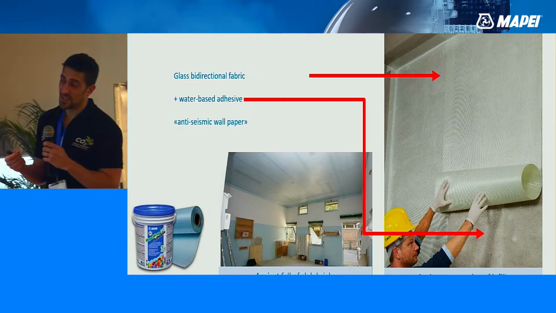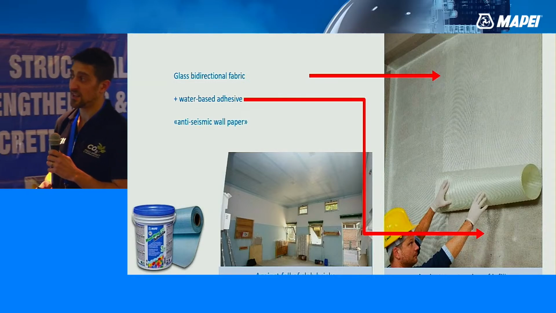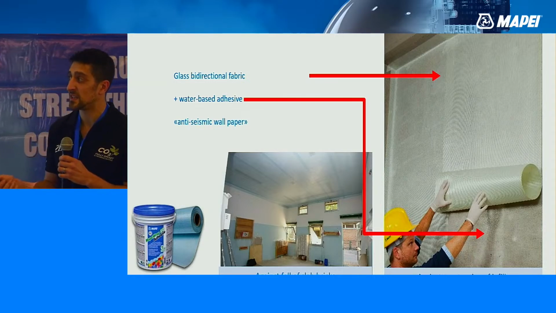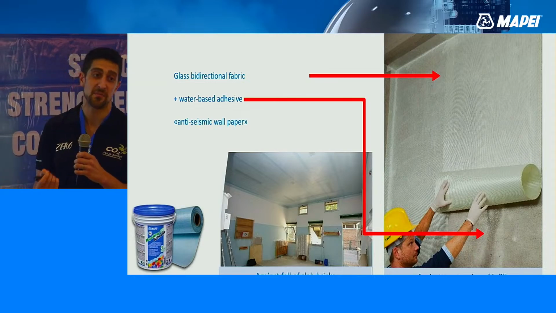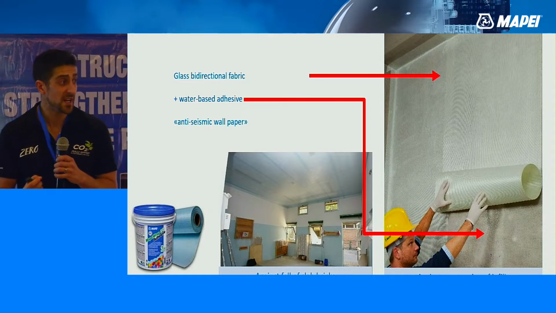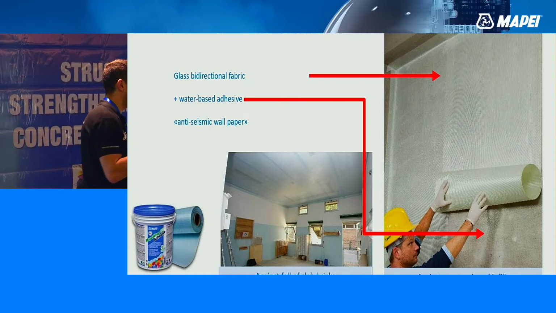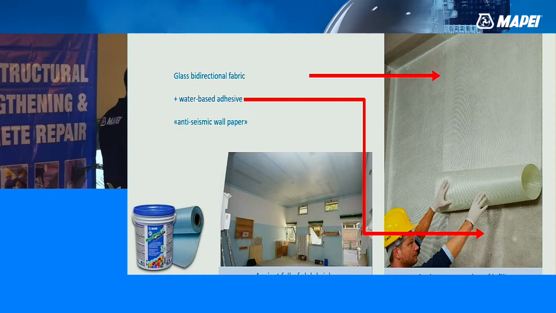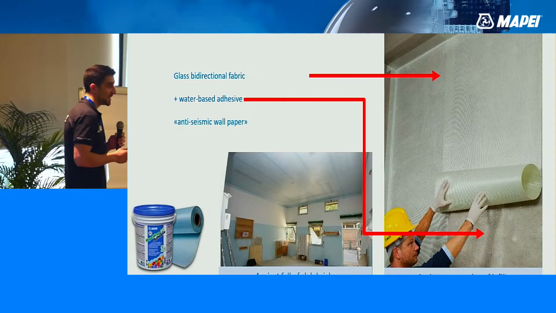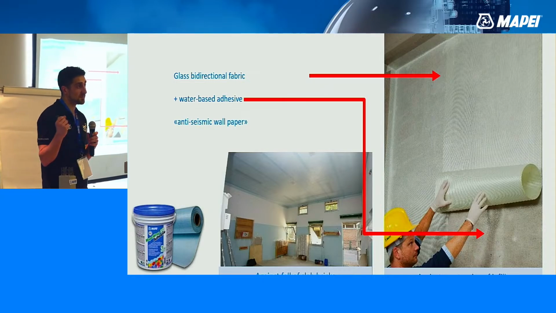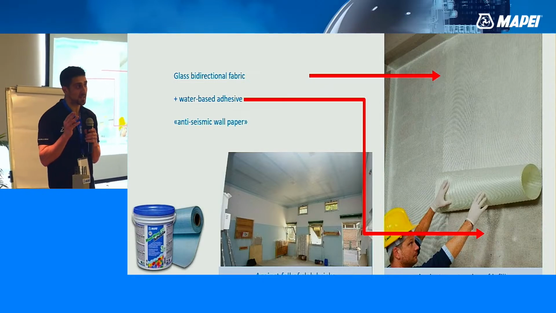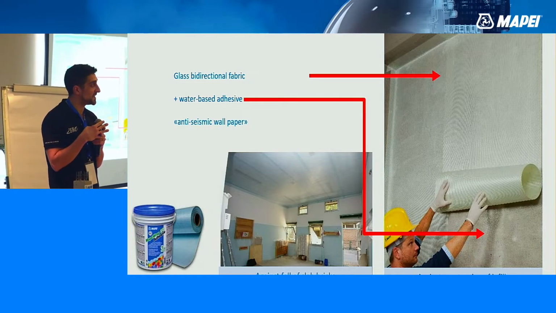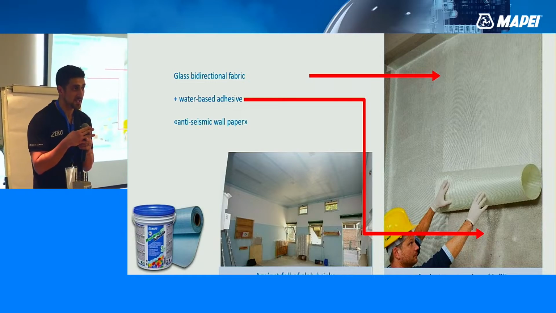The second main characteristic of this material is that it is applied using a polyurethane-based material. It is really elastic, a water dispersed polyurethane adhesive. This means this material doesn't affect the water vapor permeability of the infill walls.